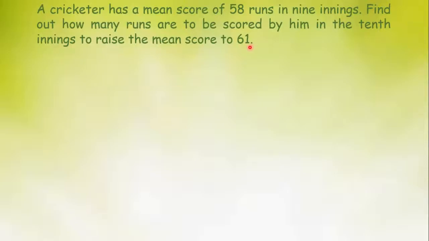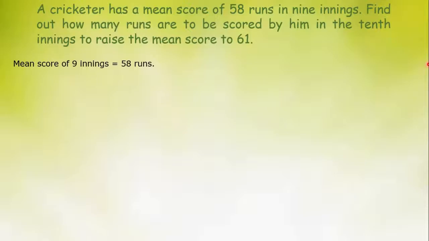So we need to find how many runs the cricketer has to score to get a mean score of 61 runs. Given that the mean score of 9 innings is 58 runs. From here, we can find the total score of 9 innings. Correct?